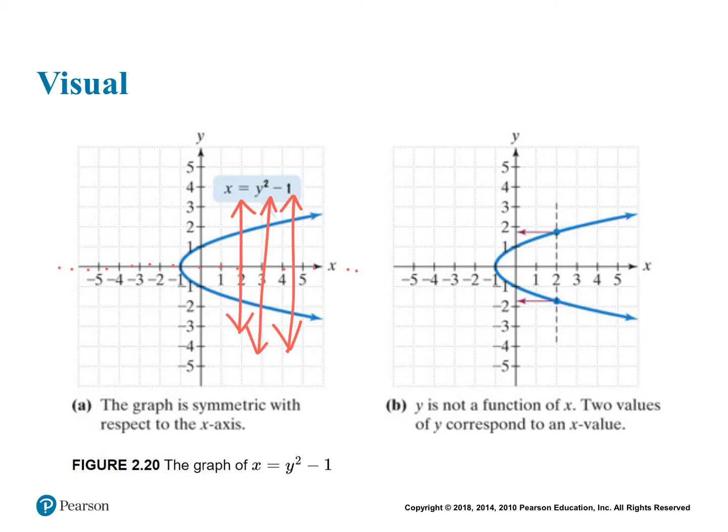So it is not a function of x, and they show another line here. Two values of y correspond to the same x value in many different locations. So it doesn't pass vertical line test. And this helps you again see why it wasn't symmetrical to the origin or the y-axis as well.